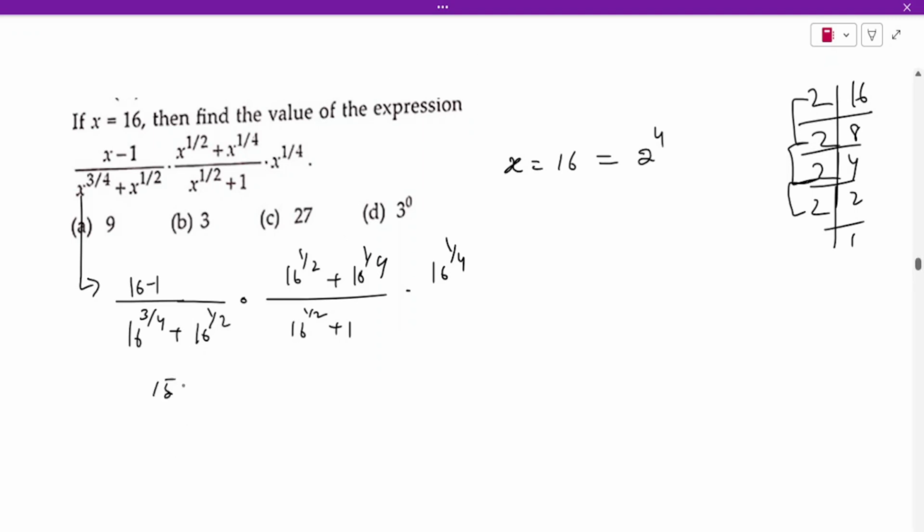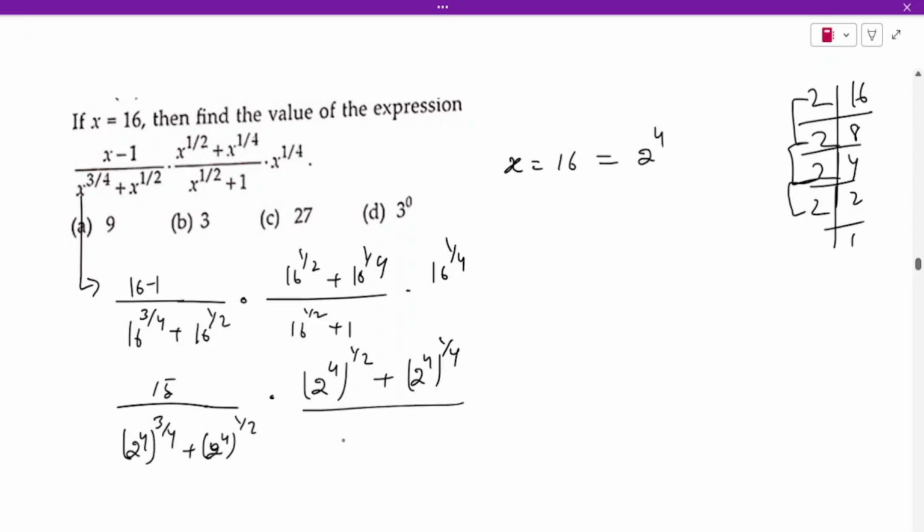So 15 over 2 raised to the power 4 to the whole power of 3 by 4 plus 2 to the power 4 raised to the power of 1 by 2. The same way over here, 2 raised to the power 4 whole power 1 by 2 plus 2 raised to the power 4 over power 1 by 4.